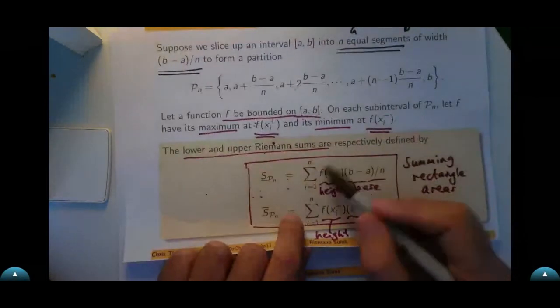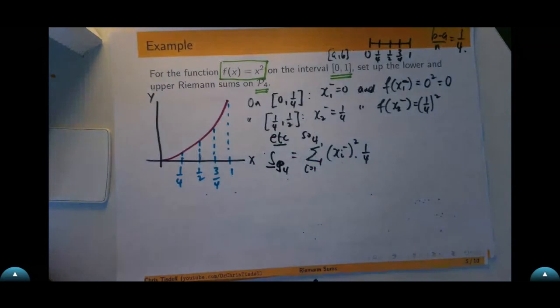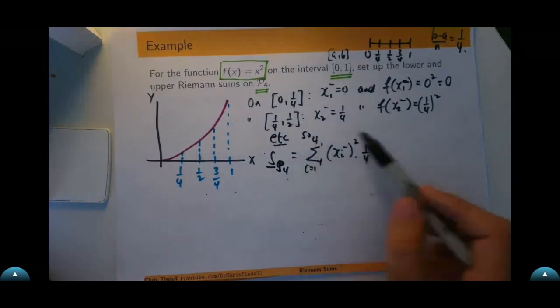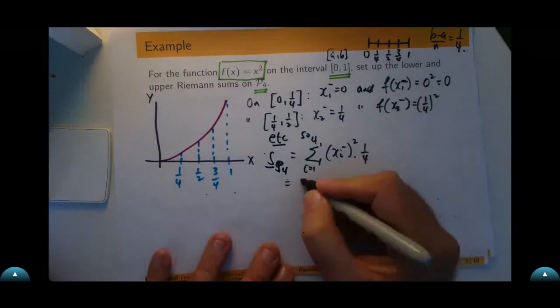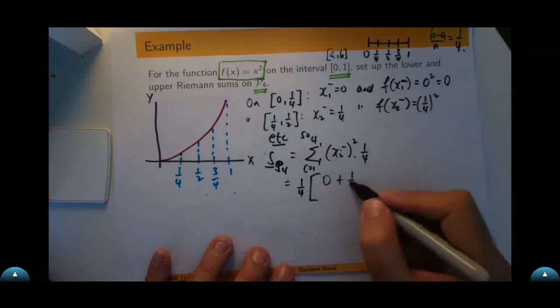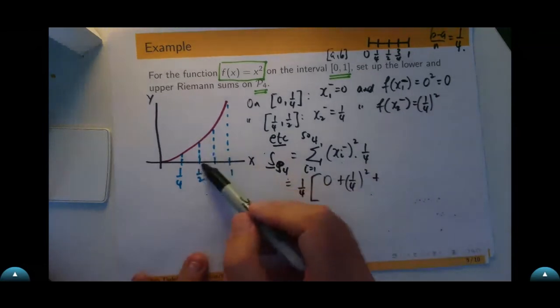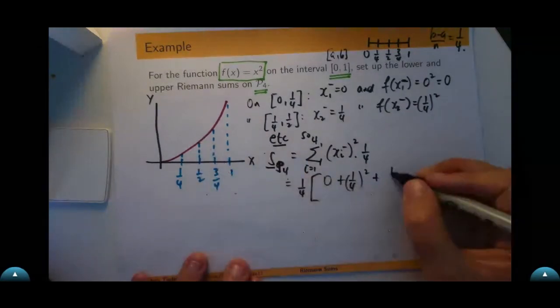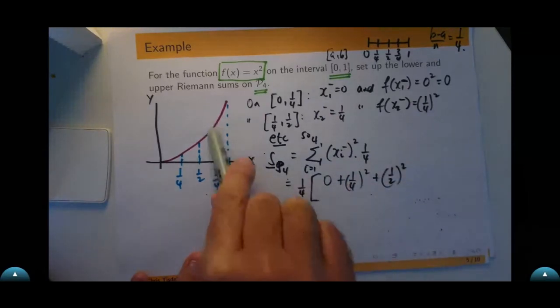So all I've done there is replace f with the function, the square, and this is 1/4. Okay? So what you can do now, if you want to, is just write this out. The quarter is not going to change anything. So you're going to get something like 0 plus a quarter squared. What's the next one? On this interval, the minimum's occurring there. And on this one, the minimum's occurring there.